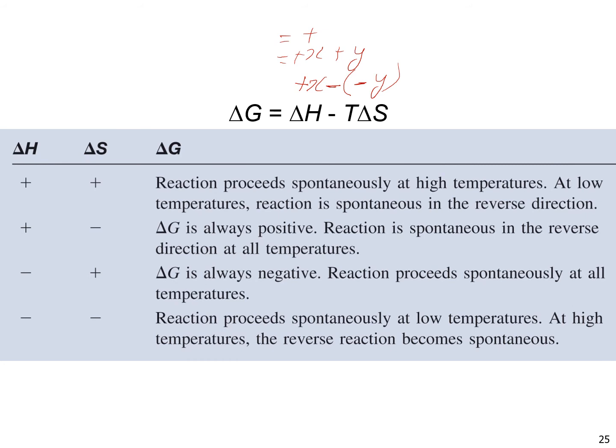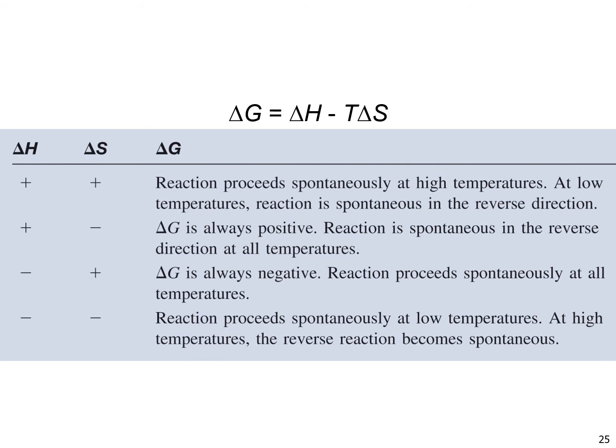It means delta G is always going to be a positive number. So if delta G is always positive, the reaction is always going to be non-spontaneous. It will be spontaneous in the reverse direction, but in this particular direction that you're interested in, the reaction is always going to be non-spontaneous. Okay, let's try to do this a second time with different symbols.